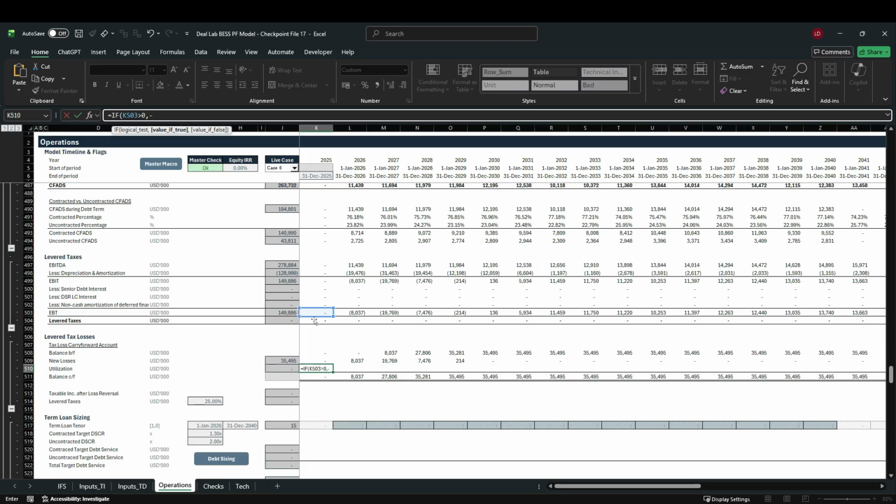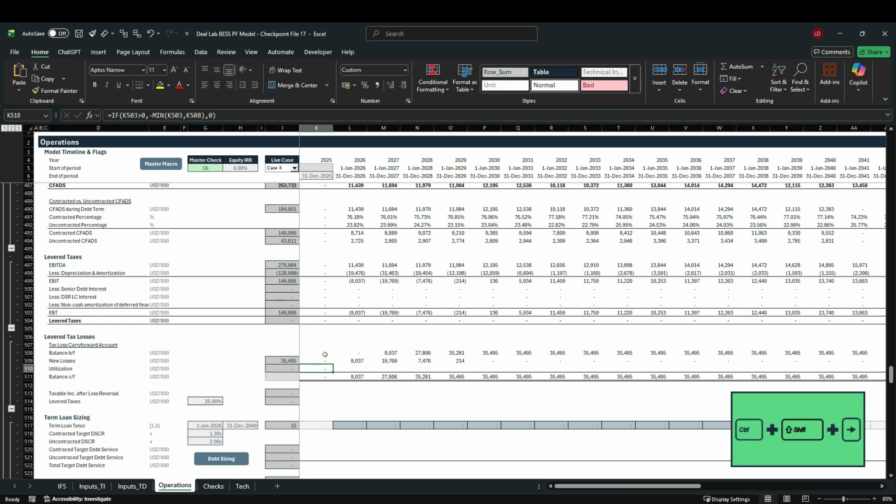So that is going to be a minus min. Again, our taxable income in 503. And comma, our second number will be our balance brought forward. So if there's any tax loss carried forward in this account, then we'll offset our taxable income against the account. Close parentheses, comma, and if this is not true, then we want a 0. Close parentheses, enter. Let's drag this over.